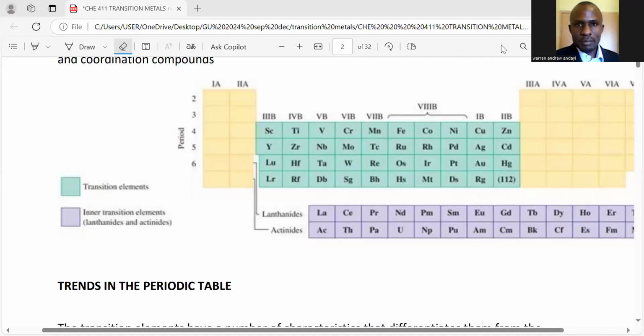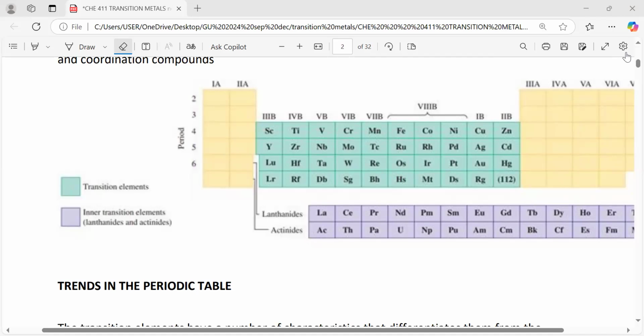So what I'd like us to consider here is the whole periodic table. This is the whole periodic table, as you can see. In the whole periodic table, what is highlighted is only what you have as your transition metals.